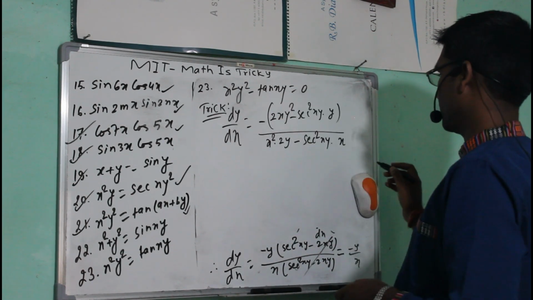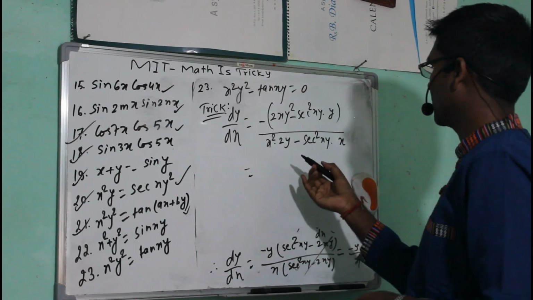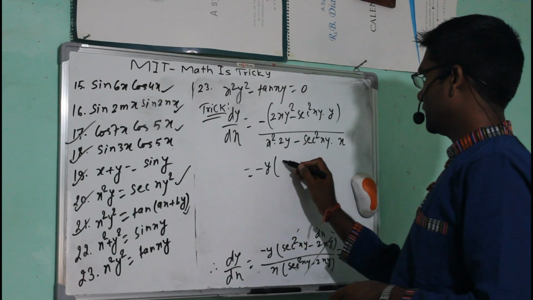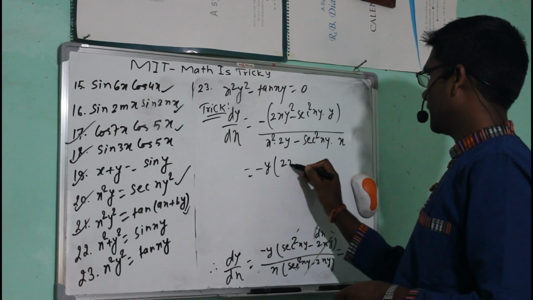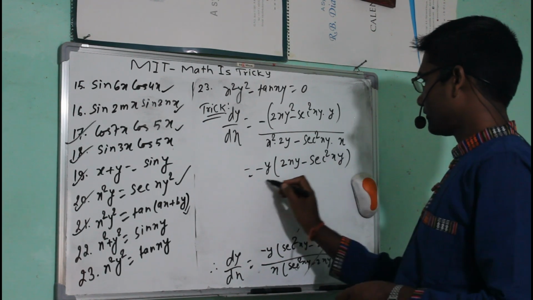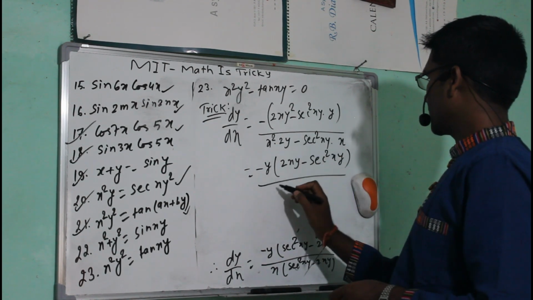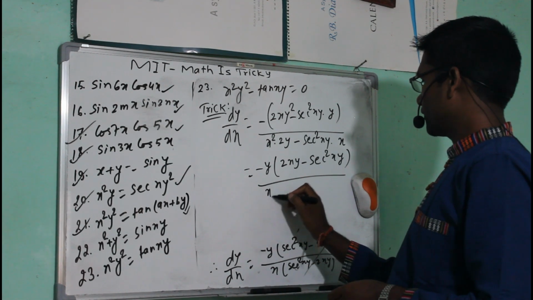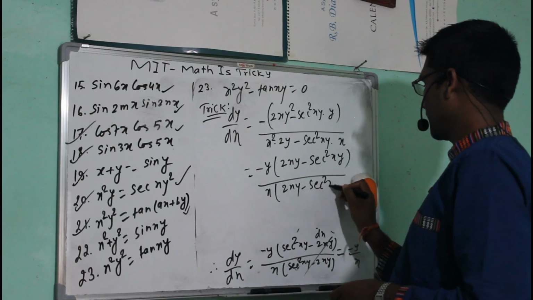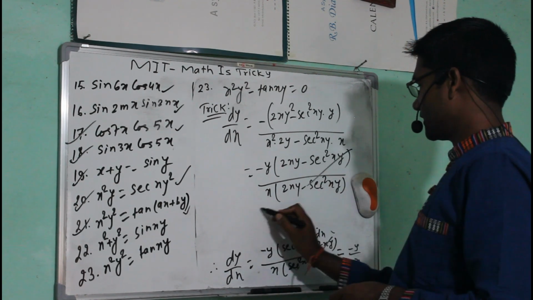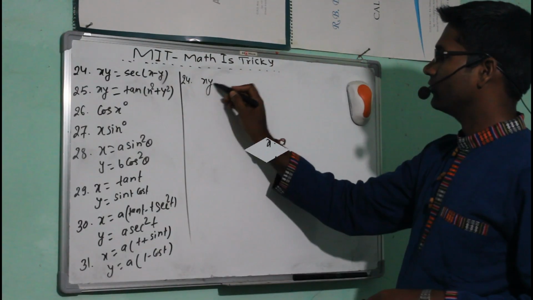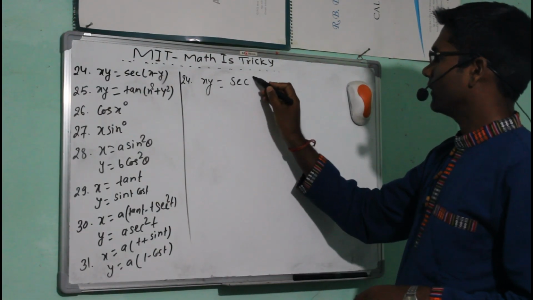So if we simplify, what do we get here? Minus, what can be taken common? Y is common, so it is 2xy minus sec square xy, and we can take x common from the denominator also, so x common, 2xy minus sec square xy. See here, these both cancel, we have again minus y by x as the answer.